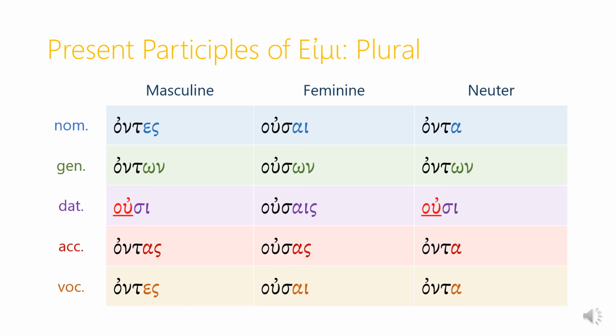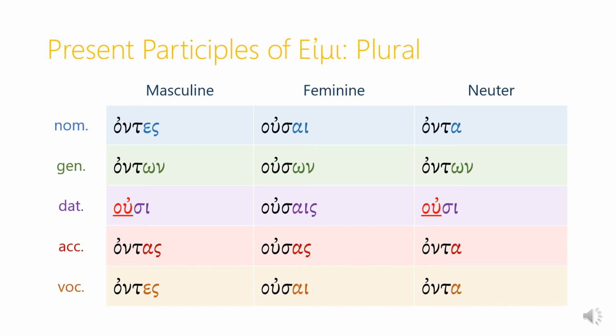The only thing to watch here is exactly the same thing you have to keep in mind with any other present participles. In the dative plural, masculine and neuter, the ont tense indicator, voice indicator changes to u because the sigma doesn't really play nicely with the nu tau, and so instead of ontsi, we have usi in the masculine and neuter dative plural.